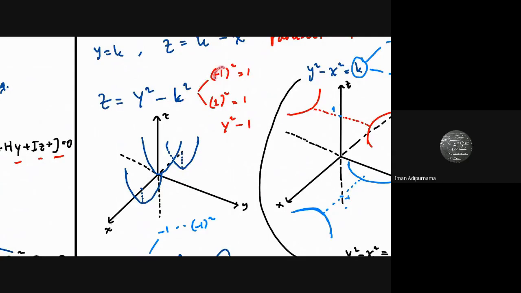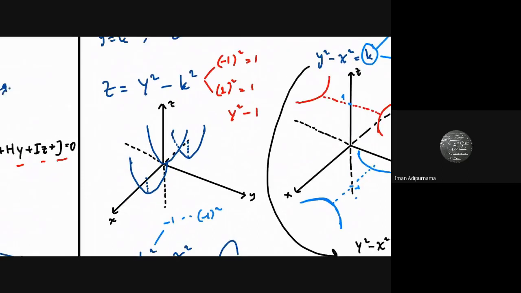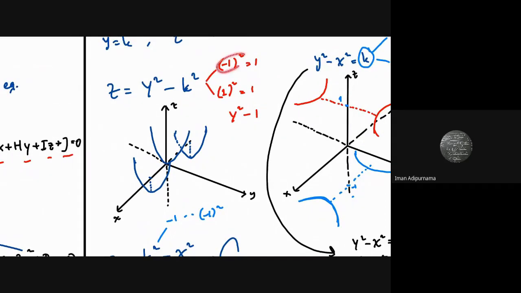I'm just taking a random number that's easy to count, that is -1 and 1. Because it's squared, we will have both the same result, 1, right? So we'll have y squared minus 1. The middle is just k equals 0. This part and this part are -1 and 1, but they both result the same. So they are translated down 1 unit.